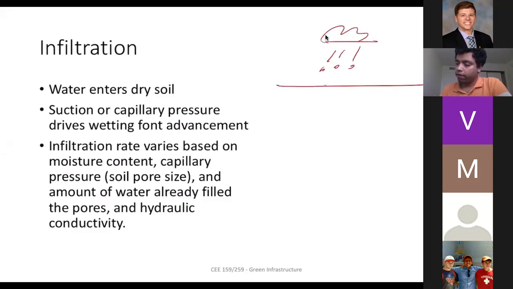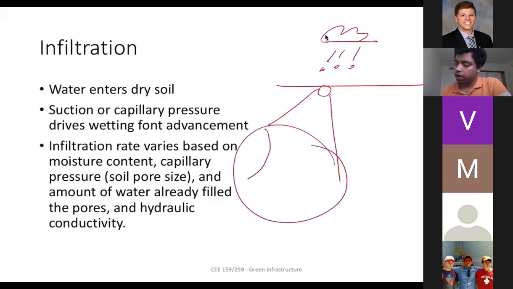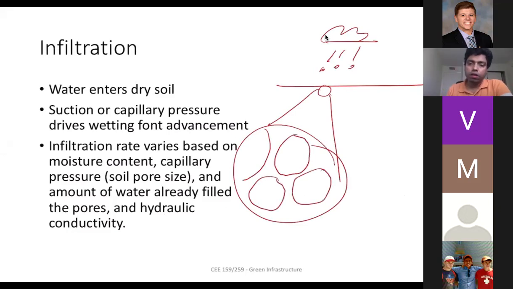If you look at a zoomed version here, you have soil, and storm water or rainwater can infiltrate into the ground. So you can say that all this rainwater will slowly infiltrate into the ground.